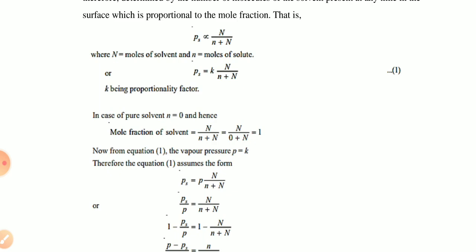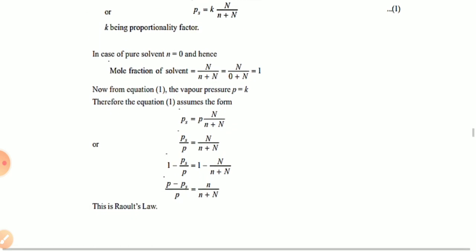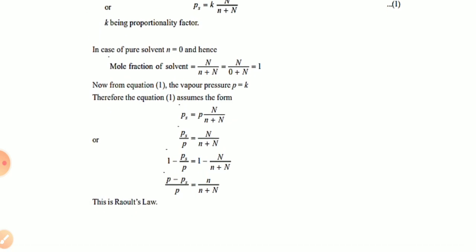If you put the value of small n as 0 here, we get 1. If we put the mole fraction 1 in equation 1, we get P equals K. Therefore equation 1 becomes Ps equals P times N by (N plus n), or Ps by P equals N by (N plus n).